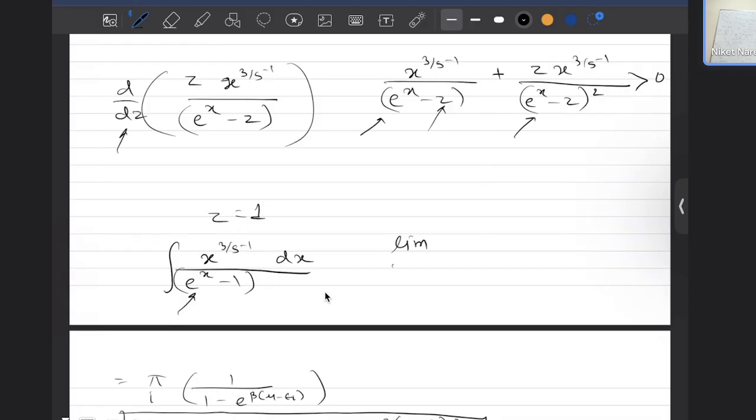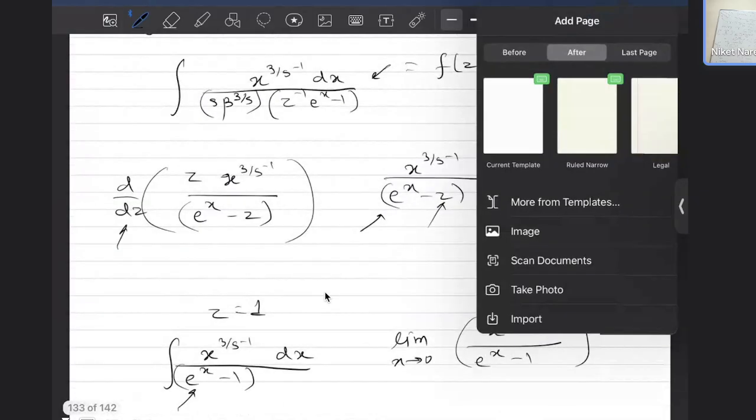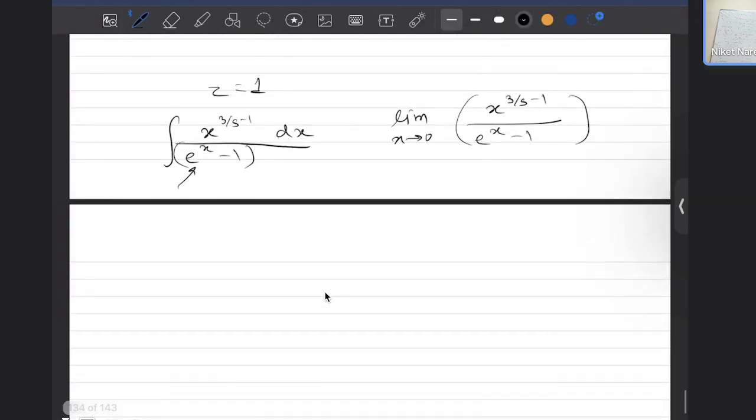Limit x tends to 0, x power 3 by s minus 1 divided by e power x minus 1. What is this limit? We can just simply evaluate this limit as 3 by s minus 1, x raised to power 3 by s minus 2 divided by e power x.